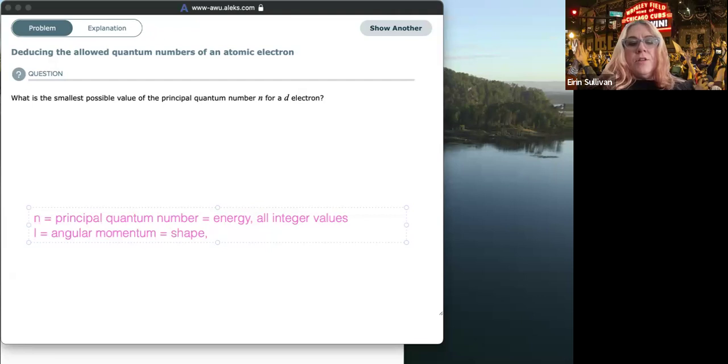So L can take all integer values from 0 up to n minus 1. So you have to know what n is to work out the allowable states of L.